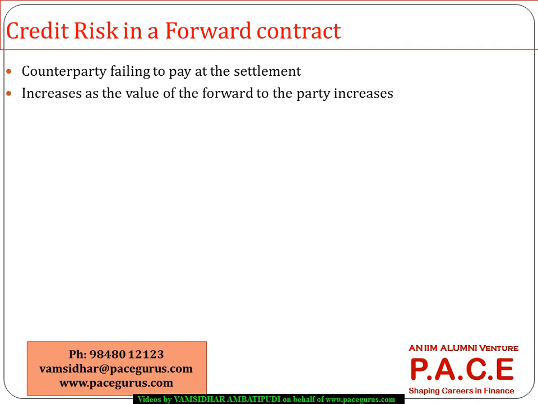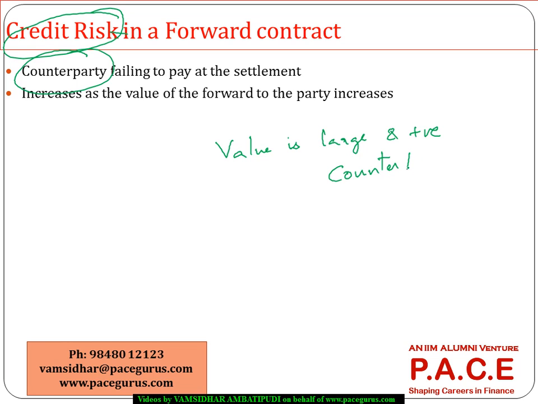And as far as these forward contracts are concerned, we have already discussed that these are more of personalized one-to-one kind of contracts. So there is a scope for huge credit risk because the counterparty may fail to pay on the settlement date. So wherever we are finding the value is large and positive, that party will be exposed to more and more of counterparty credit risk, because the chance that the other party will default will become very, very high in that context.